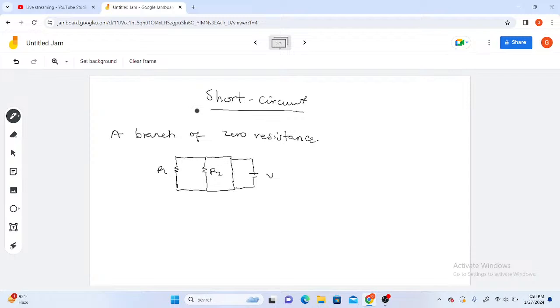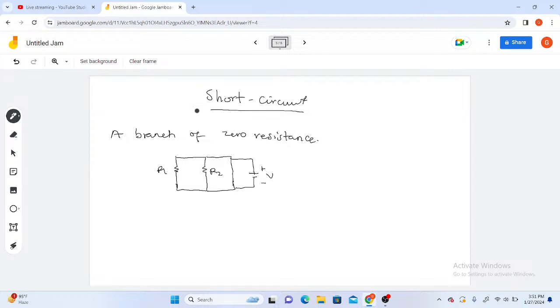What it means is that current will pass through that particular branch without any resistance. And apparently, they are the branches which are not carrying any resistors on them. So let's see this circuit. You know that the longer part of our voltage source is the positive and the short part is the negative.